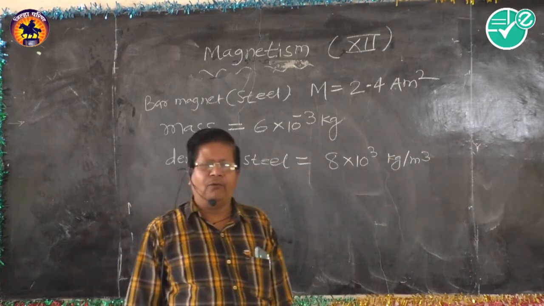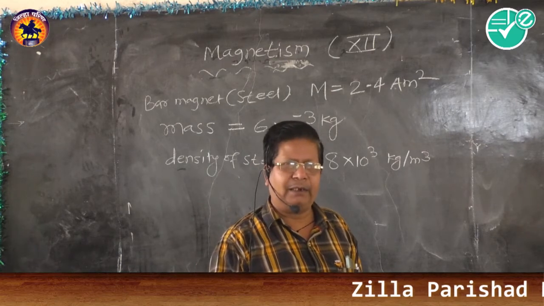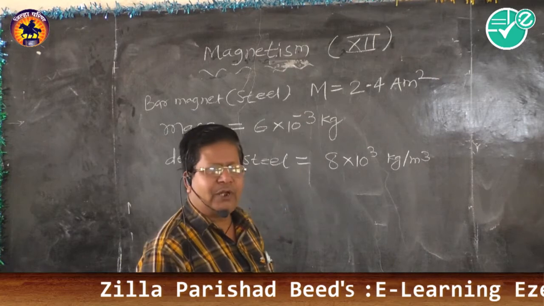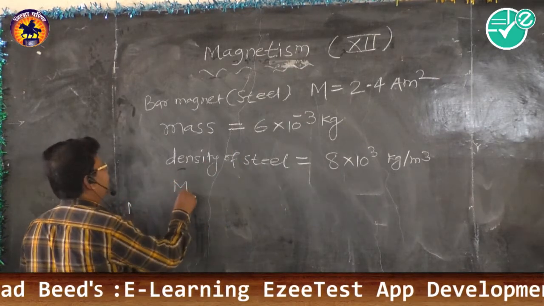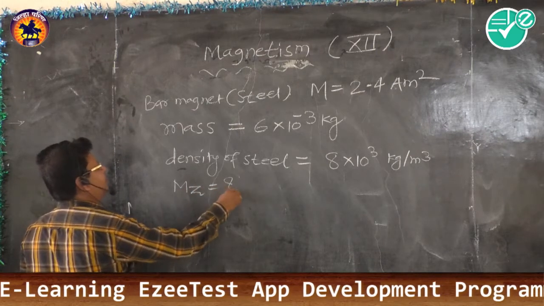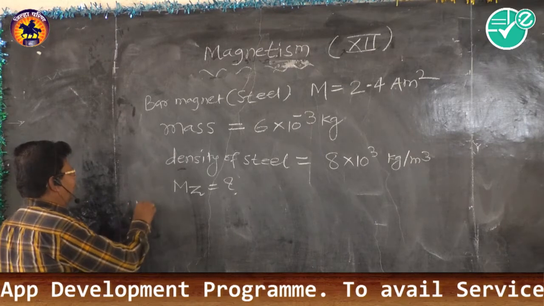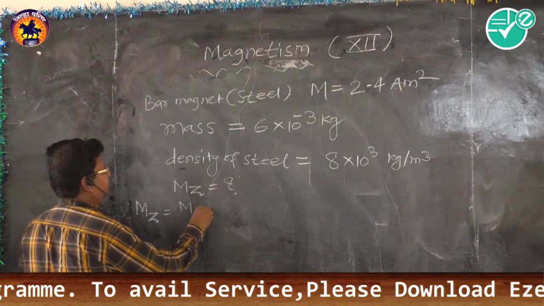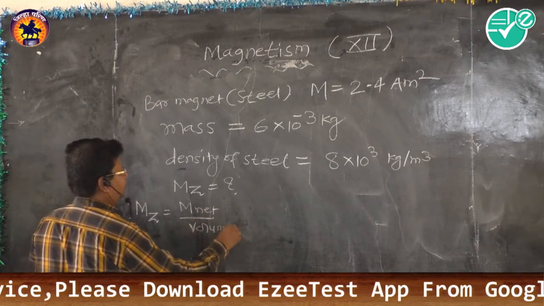And again, we have to find out our first magnetic property of matter, which is magnetization of material or intensity of magnetization, that is Mz. As usual, the formula for Mz is M net divided by volume.